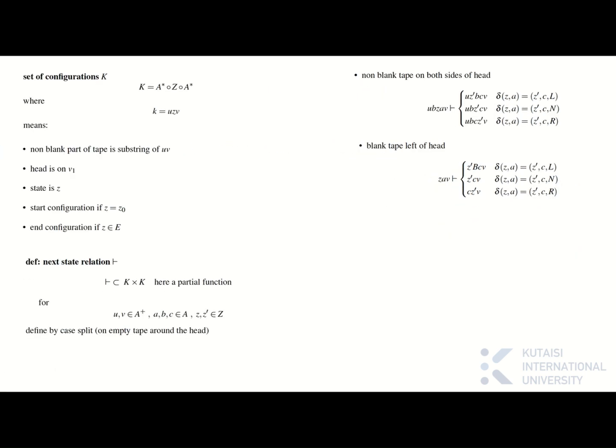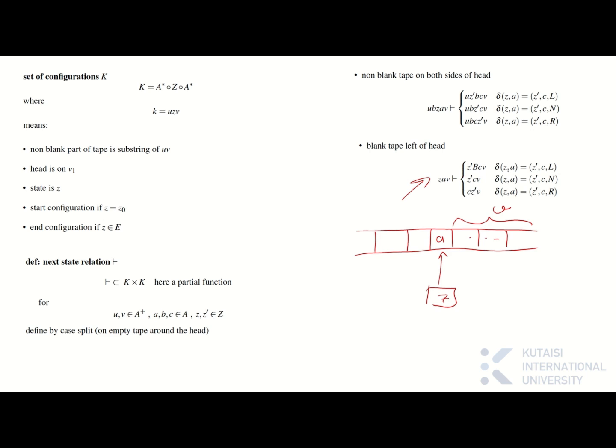The second guy here says I'm in state Z, I'm reading A, whatever is written here is V, and everything on the left is basically empty, meaning that I completely do not see what's written here. It might be completely empty, so these cells are empty. There's nothing written there, no blank symbols.